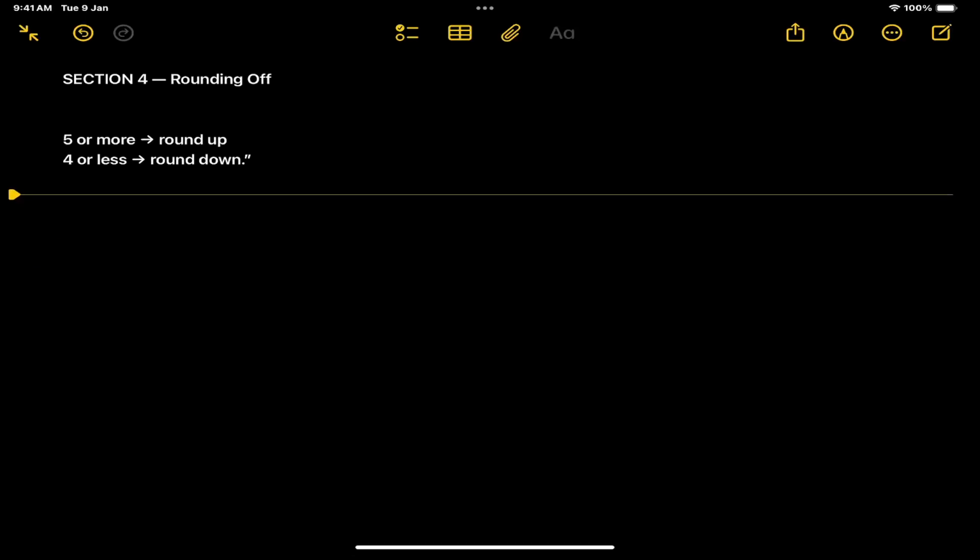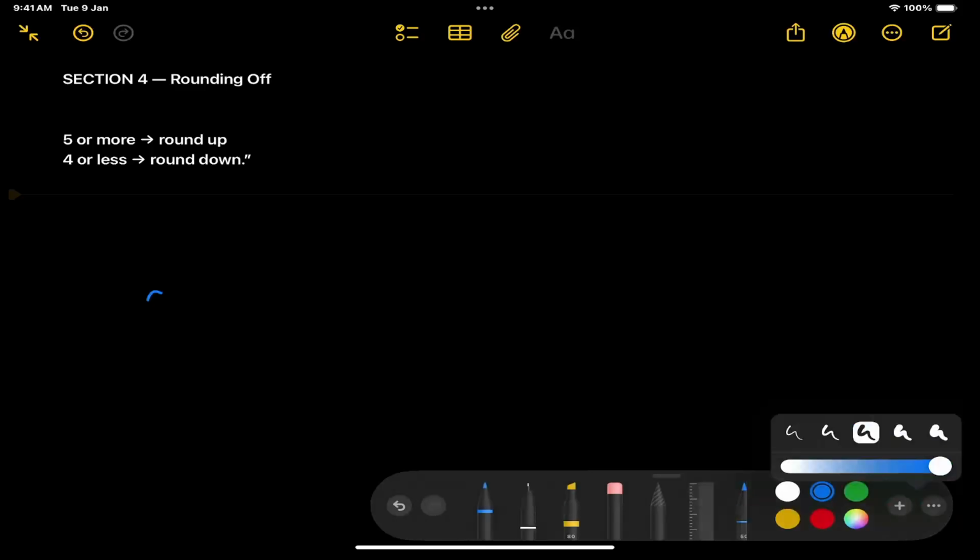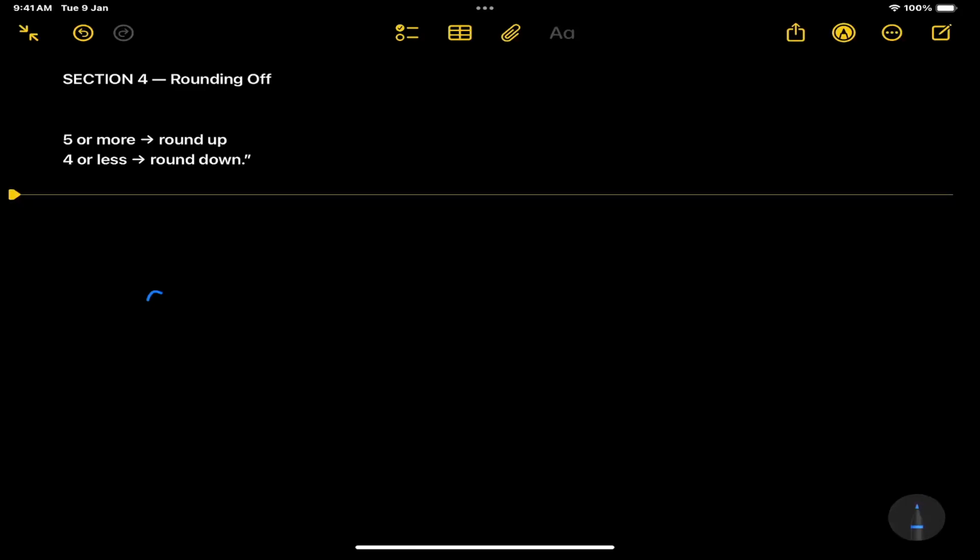So what does rounding off mean? And where exactly is it required? So imagine that you go to your mom and you ask your mom for some amount. Let's assume you want to buy a compass which is worth 496 rupees.